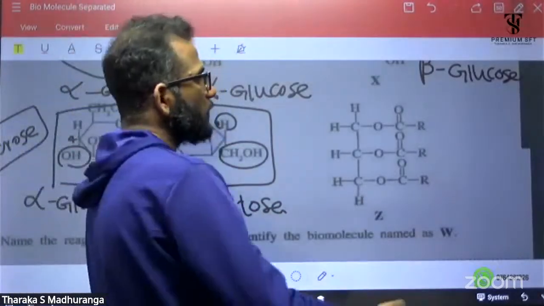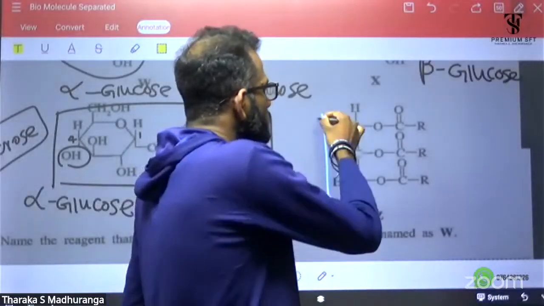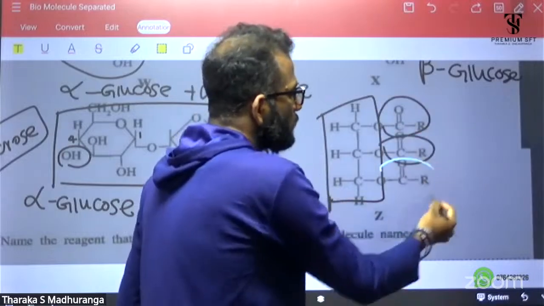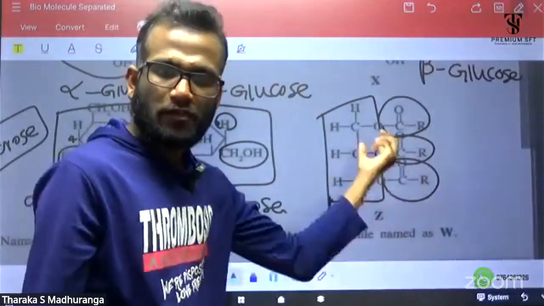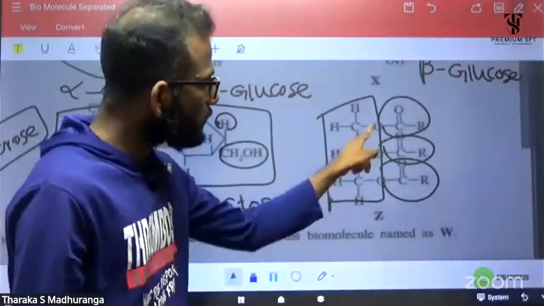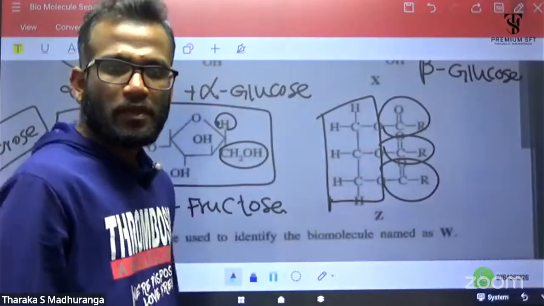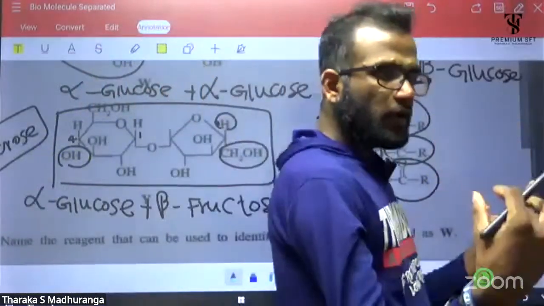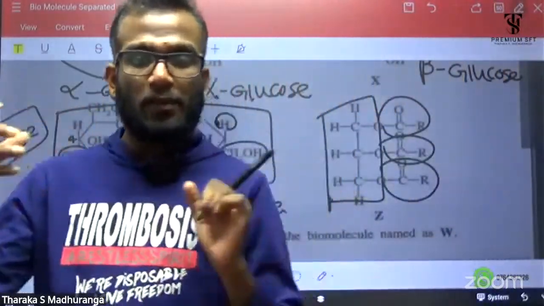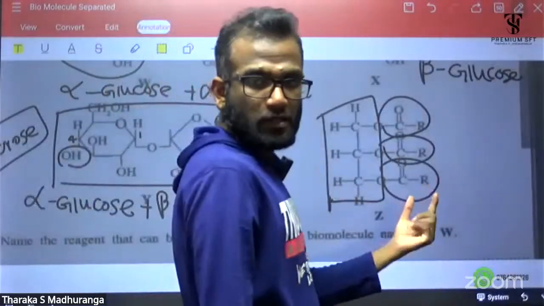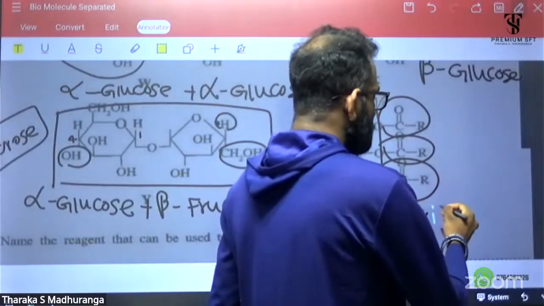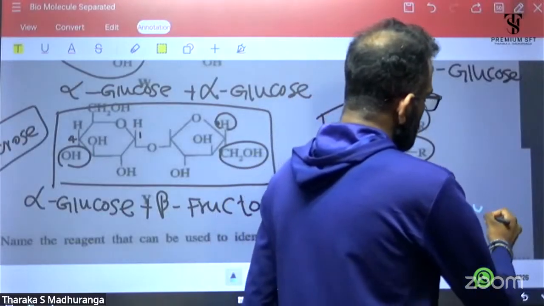Yes, it is triglyceride. Why? This is a glycerol and these are 3 fatty acids. One glycerol and 3 fatty acids combined by ester bonds. One glycerol and 3 fatty acids combined by 3 ester bonds make the triglyceride, not glyceride. It's a type of lipid. Triglyceride.